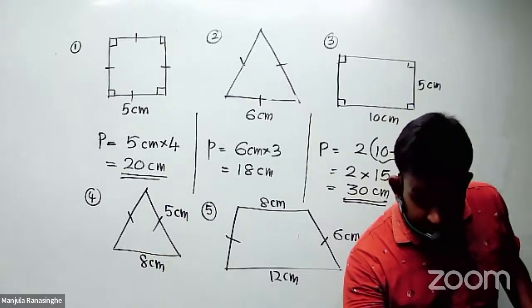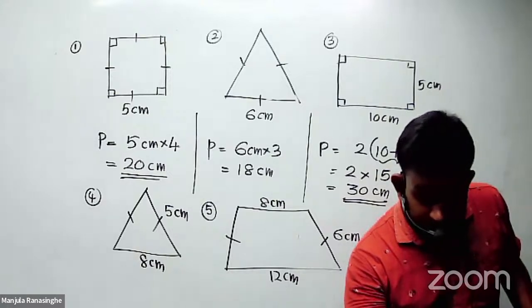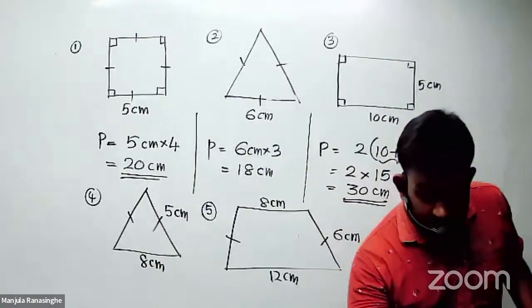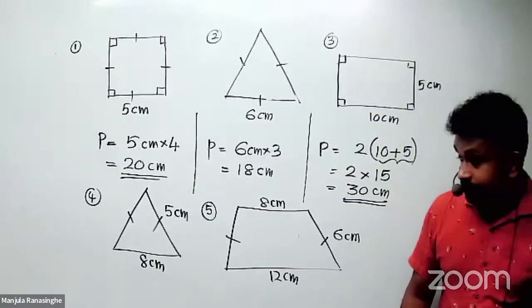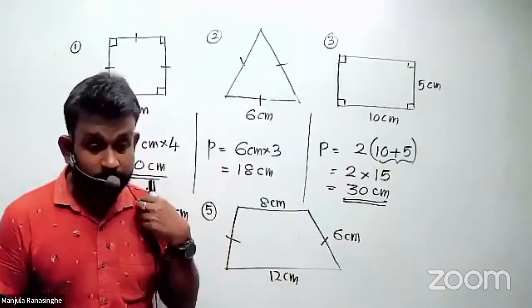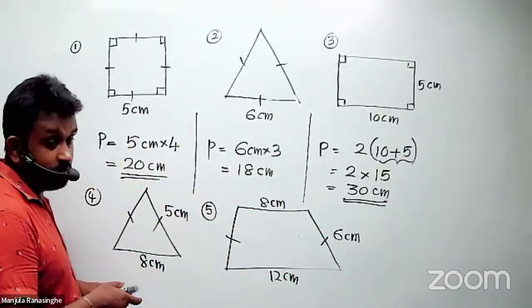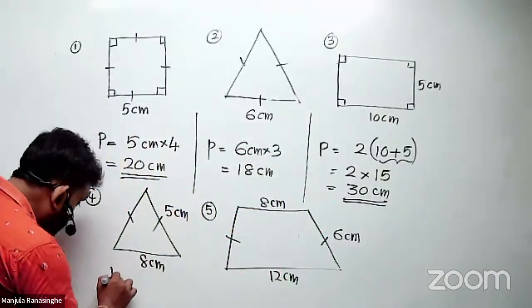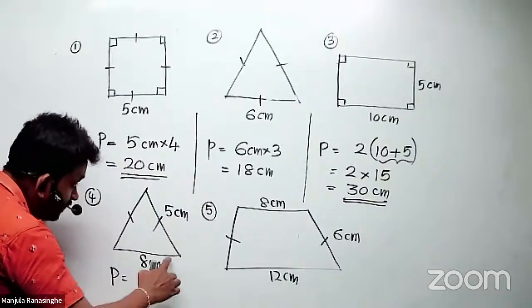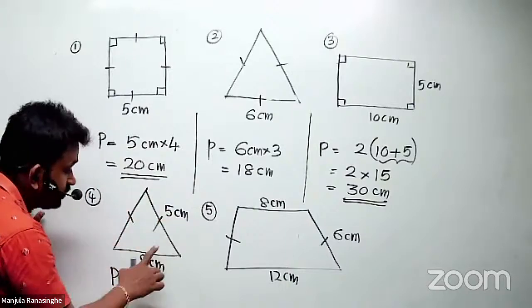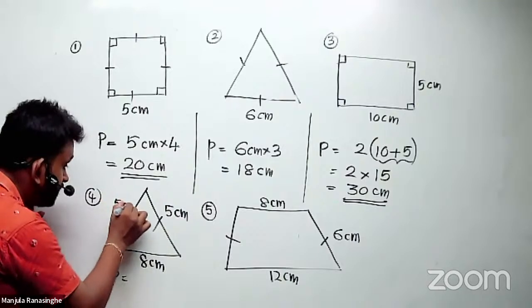Yes, we have received answers from Negan and Subati. Good. Okay. Now we will check the answers, right? So here that is fine, all the above three questions. Here perimeter equals the sum of all the outer length. So here 5, here also 5 centimeter.